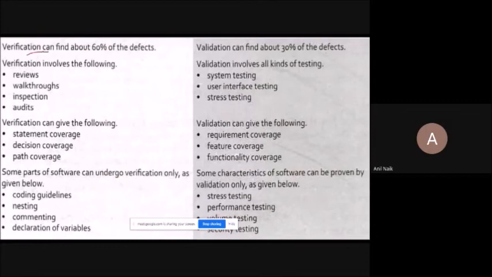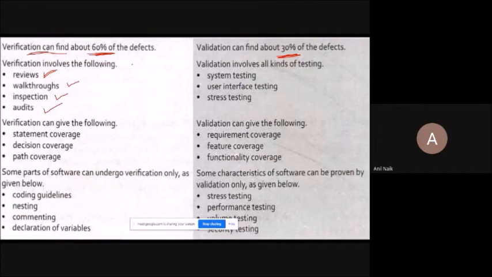So verification can find 60% of the defects, and validation around 30% of the defects. Verification involves reviews, walkthroughs, inspections, audits. You are reviewing the customer requirements, cross-checking, walking through, inspecting the process.